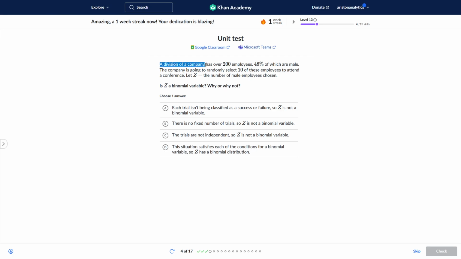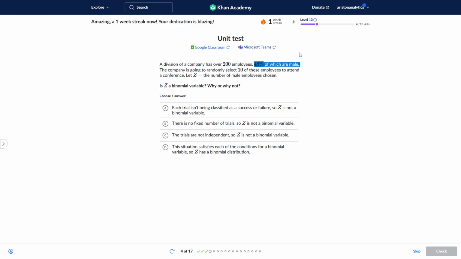A division of a company has over 200 employees, fixed trials, 48% of which are male. Yep. Okay, so fixed probability. The company is going to randomly select 10 of these employees to attend the conference. Let Z equal the number of male employees chosen. Um, it's actually not fixed probability because there's no replacement.